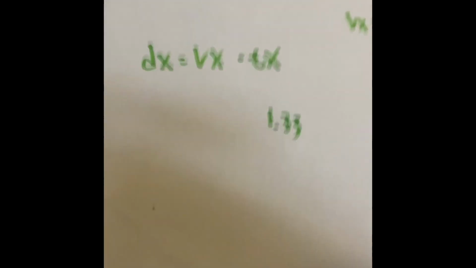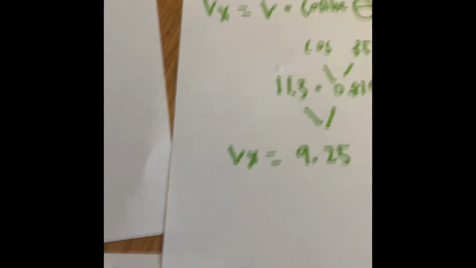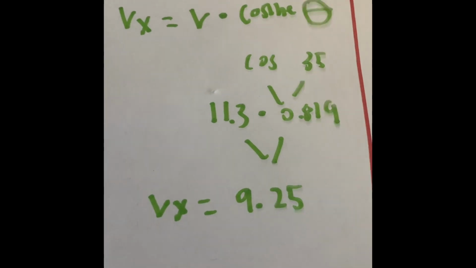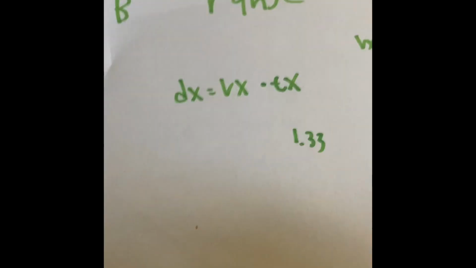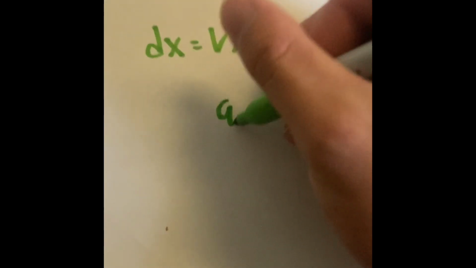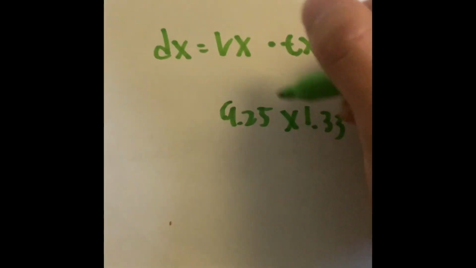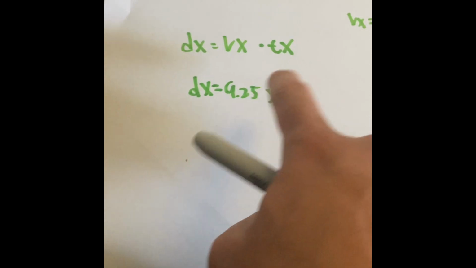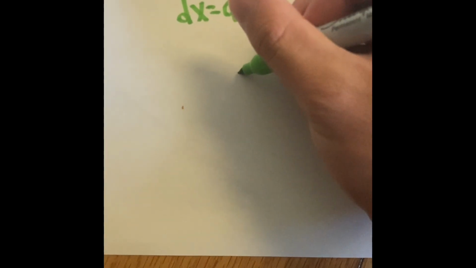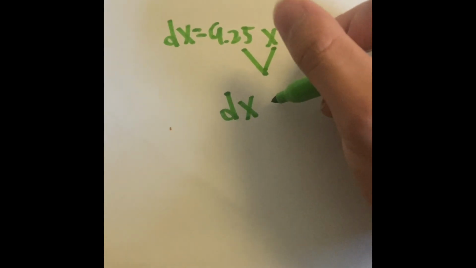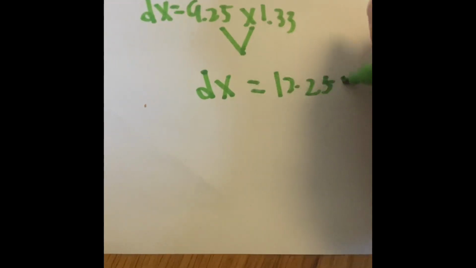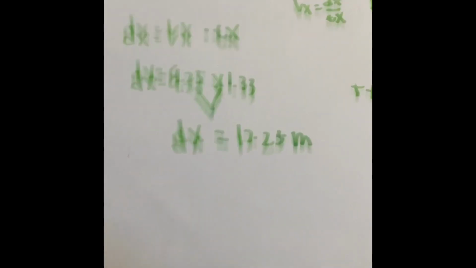Our velocity x is the number right over here, 9.25 meters per second. So we put 9.25 right there. Our dx equals our vx times our tx. When we do that, we should get an answer of dx. The soccer ball should go 12.25 meters before it hits the ground.